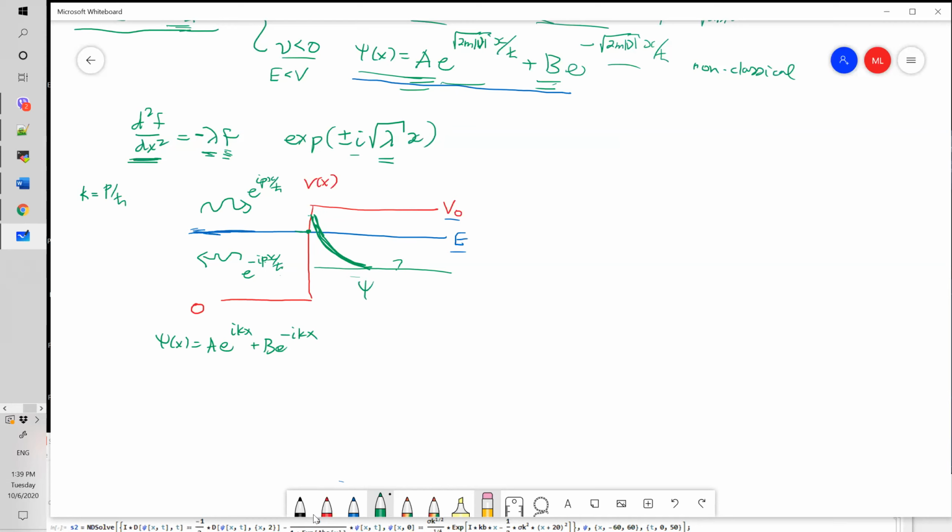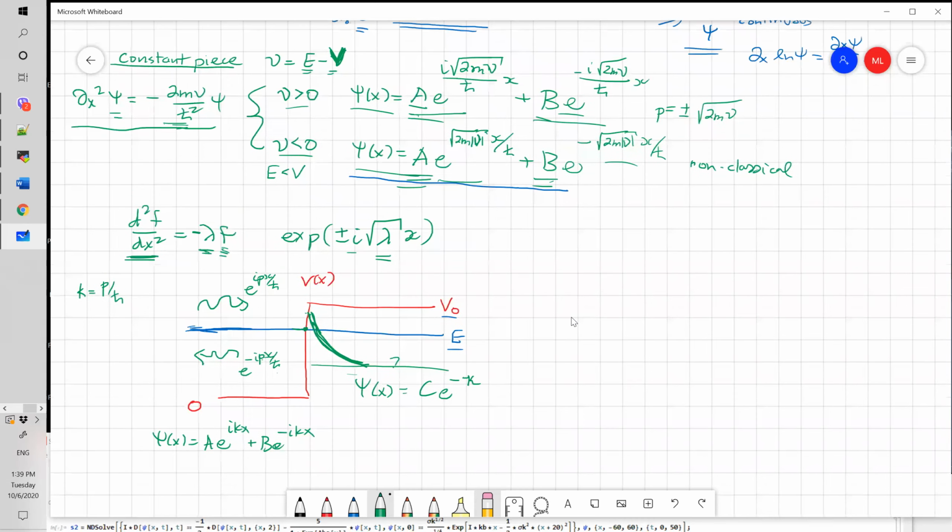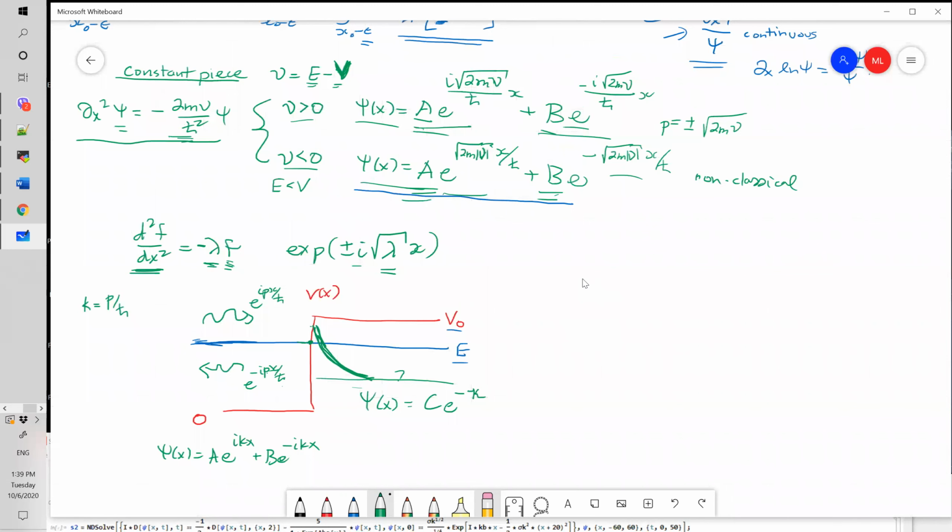And out here, the solution is some other coefficients, C e to the minus, instead of k, I can write kappa, which is the same as k except that it's the value of E minus V. These are either going to be k squared if nu is positive, or if nu is negative, then it's minus kappa squared. So then we can define a positive kappa.